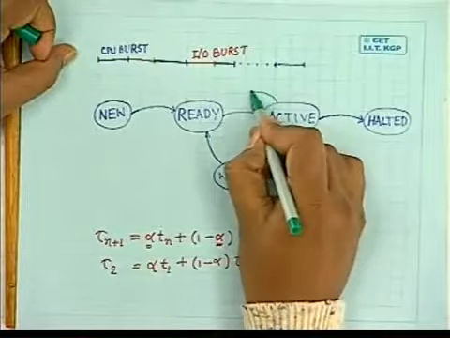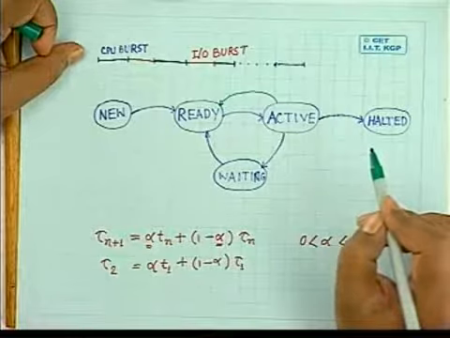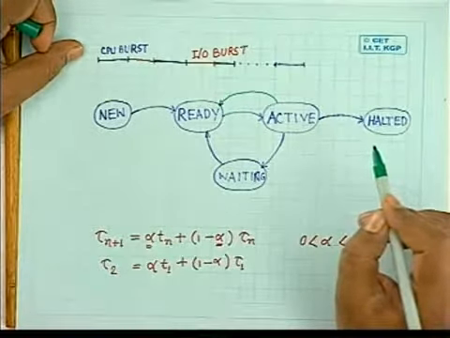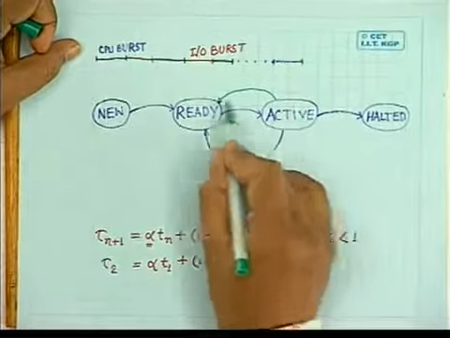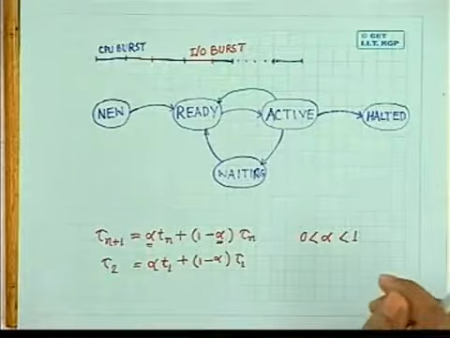So I have to have another path to send a job from the active state to the ready state. So this completes the process state diagram.